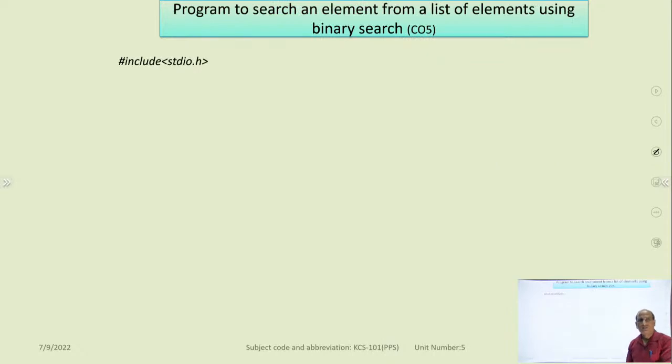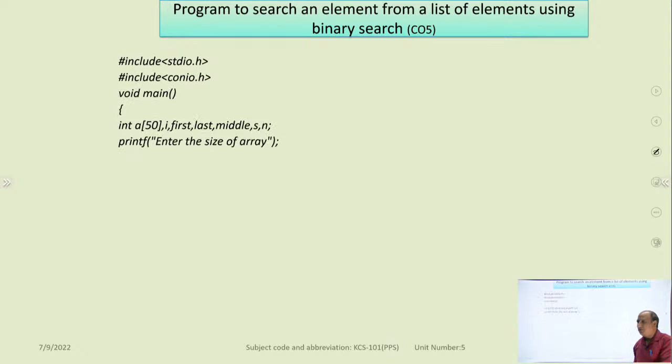So let's have this program that implements the same concept that we have just seen. I have declared an array A of size 50. First is the first index value, that is 0, last is the last index value, that is the number of elements minus 1.